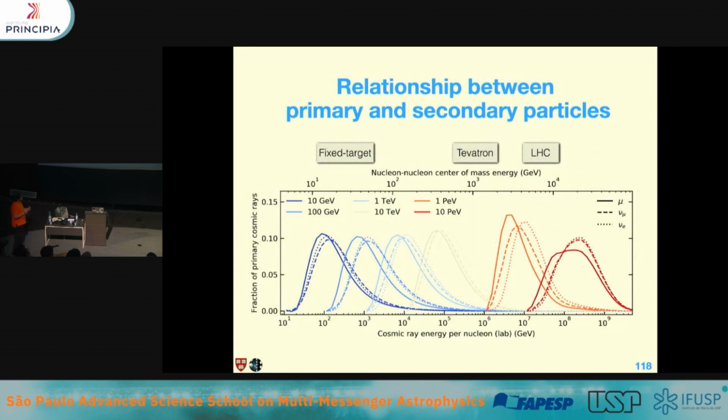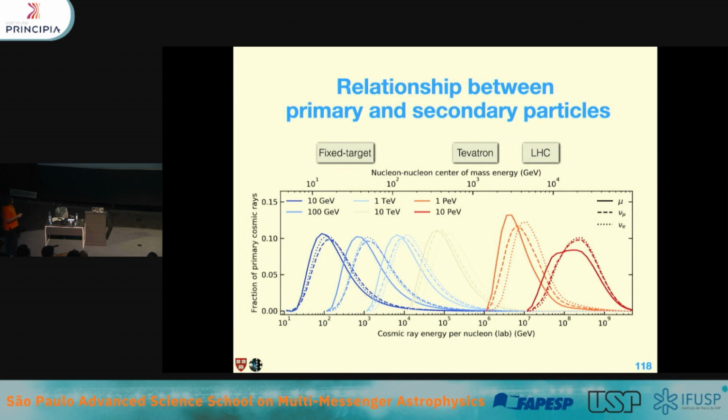Now, what is the relationship between a neutrino and the nucleon? Here you have different energies of neutrinos and different flavors. This is a muon, this is nu mu, and nu e. And here you have the corresponding cosmic ray energy that produces that. When I am talking about, let's say, a 1 TeV neutrino, this light blue line, it is typically produced by cosmic rays of a factor of 3 or 4 higher energy.